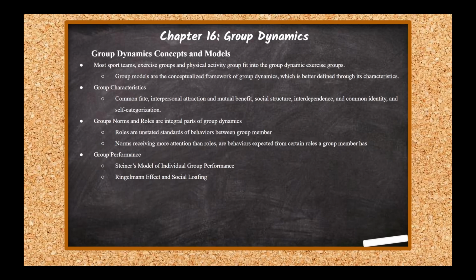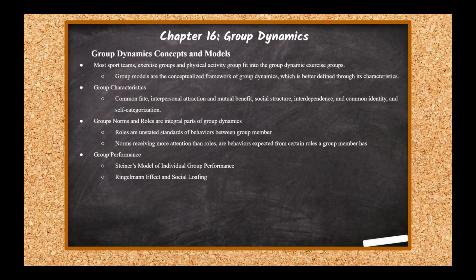Group performance includes the Steiner model of individual group performance. Tests for the actual productivity of group performance, which leads to how groups have potential coordination and motivational losses in group performance.